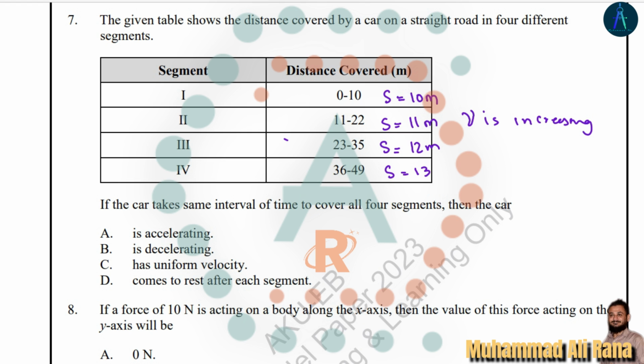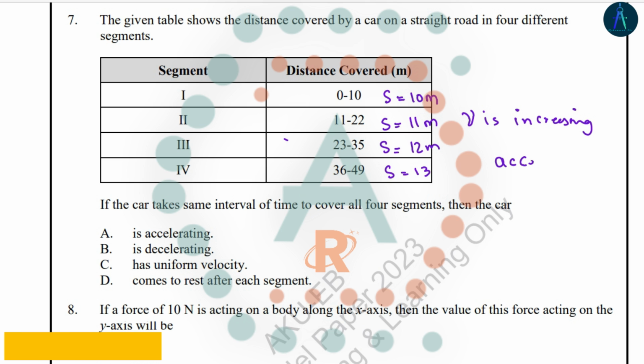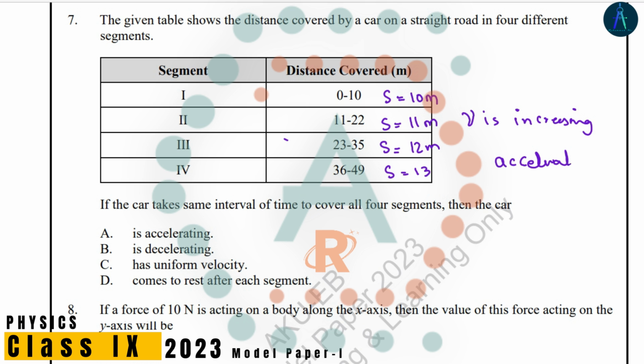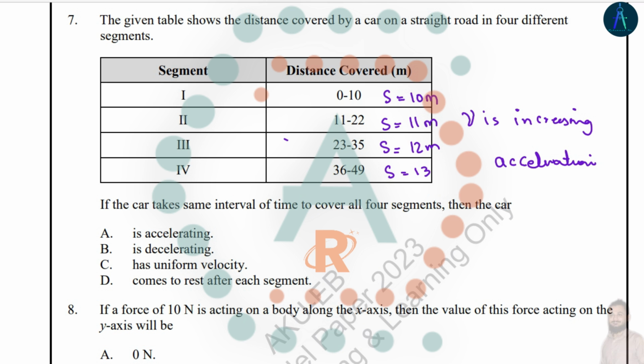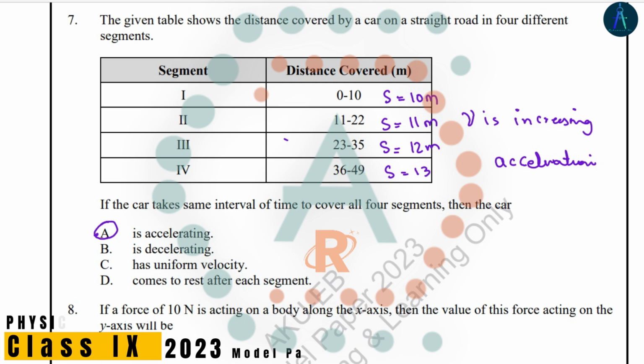And if the velocity is increasing, we can say that the body has acceleration. The body has acceleration, due to which the body is changing velocity, and change in velocity means that the body covers more distance in the same interval of time. So in that way we can mark option A as the right answer.